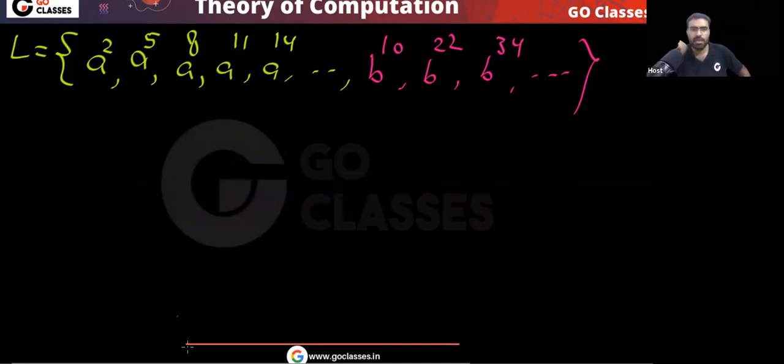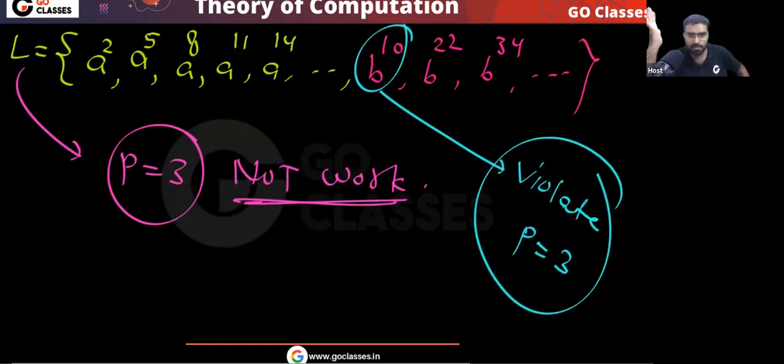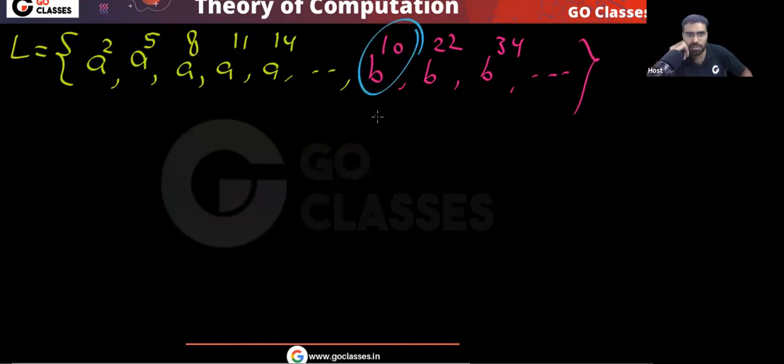Now can you make one observation: which other p will it also violate? Just make an observation. It will violate every p less than equal to 10.